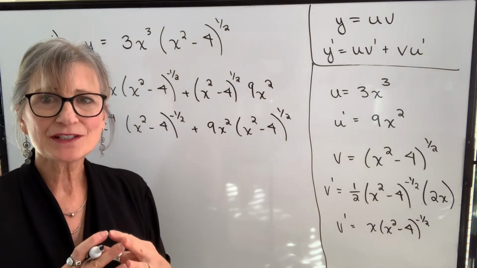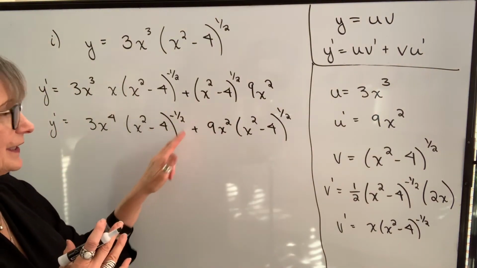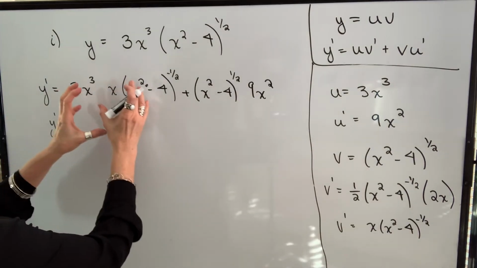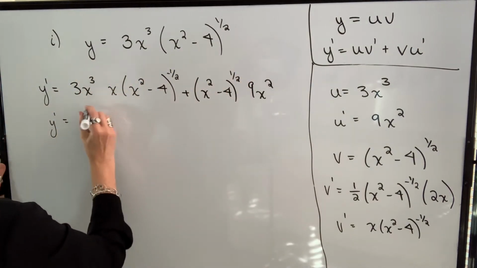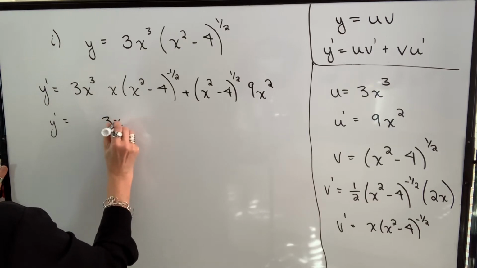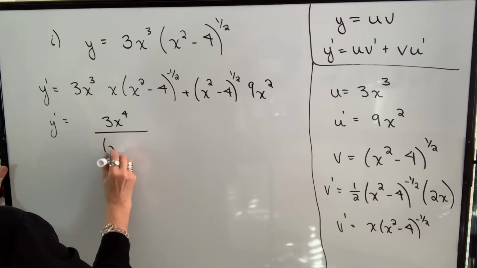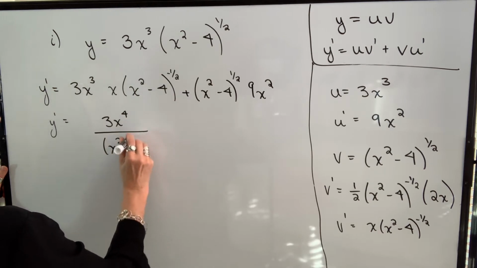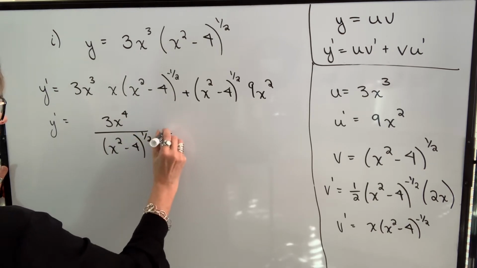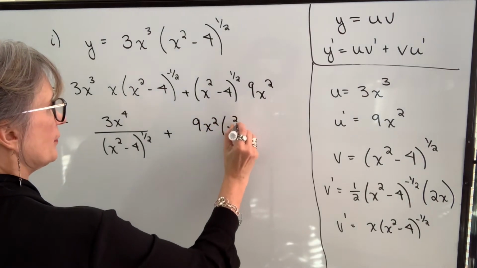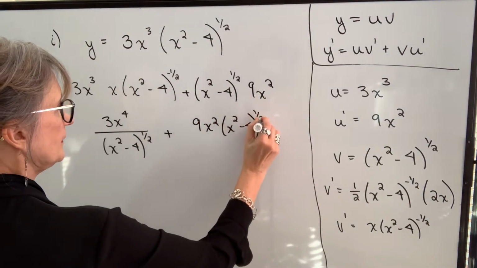But it gets more difficult when you have a negative exponent. The other option is just to clean up each term independently. So this would be 3x to the 4th, and then I'm going to move this to the denominator. So it would be x squared minus 4 to the 1/2. Plus, this would be 9x squared times x squared minus 4 to the positive 1/2.